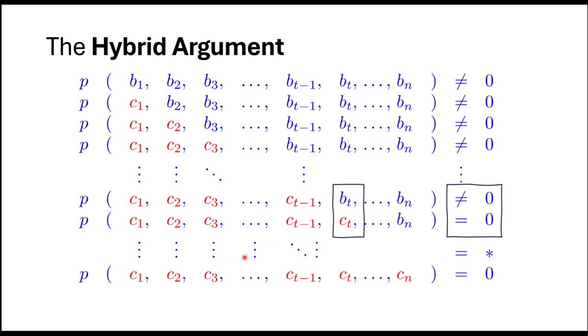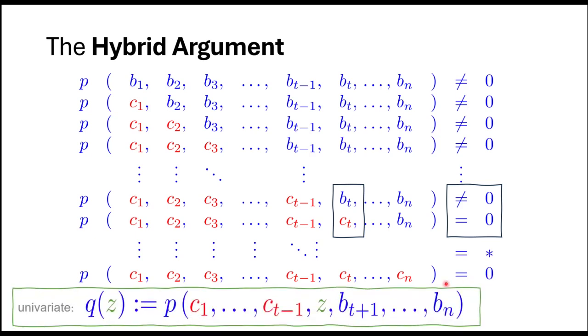That's the assumption of the hybrid argument, and the actual argument is as follows. By the way, below this, we don't know. It doesn't matter if it's 0 or 1. It might fluctuate between 0 and 1 again, but at the end it's going to be 0. So what is the argument?